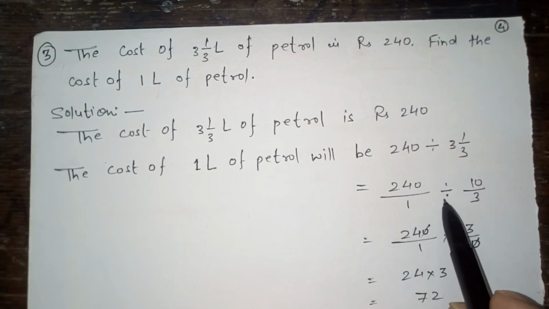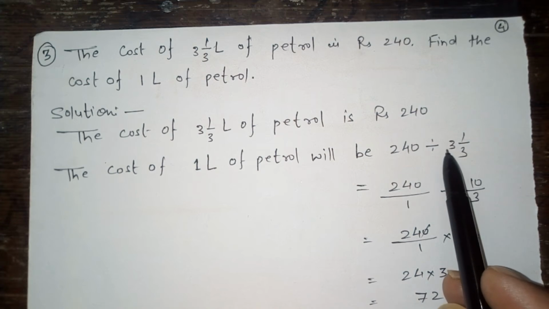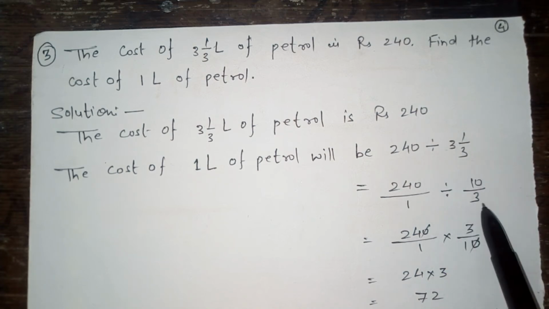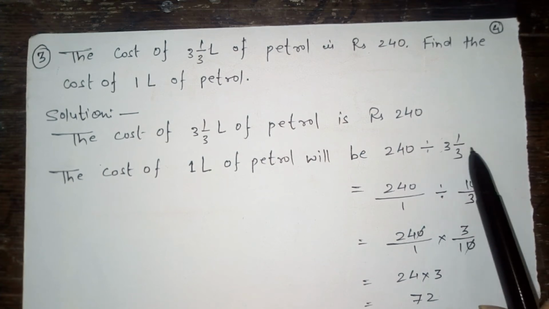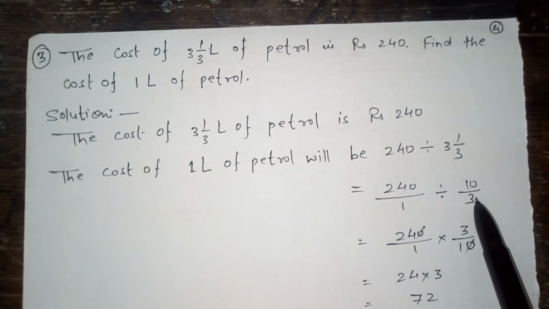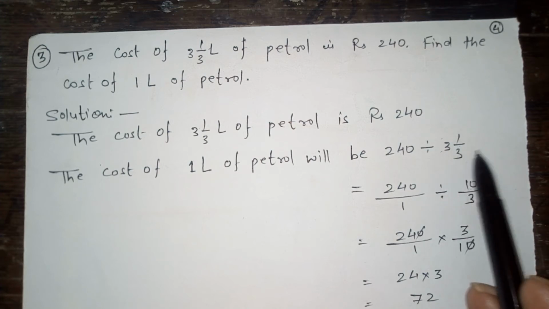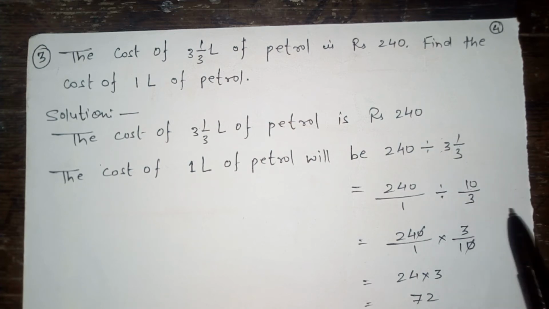This is division. 3 times 3 is 9, 9 plus 1 is 10, 10 upon 3. 3 and 1 upon 3 is a mixed fraction, and a mixed fraction is converted to an improper fraction. So 3 and 1 upon 3 we can write as 10 upon 3.